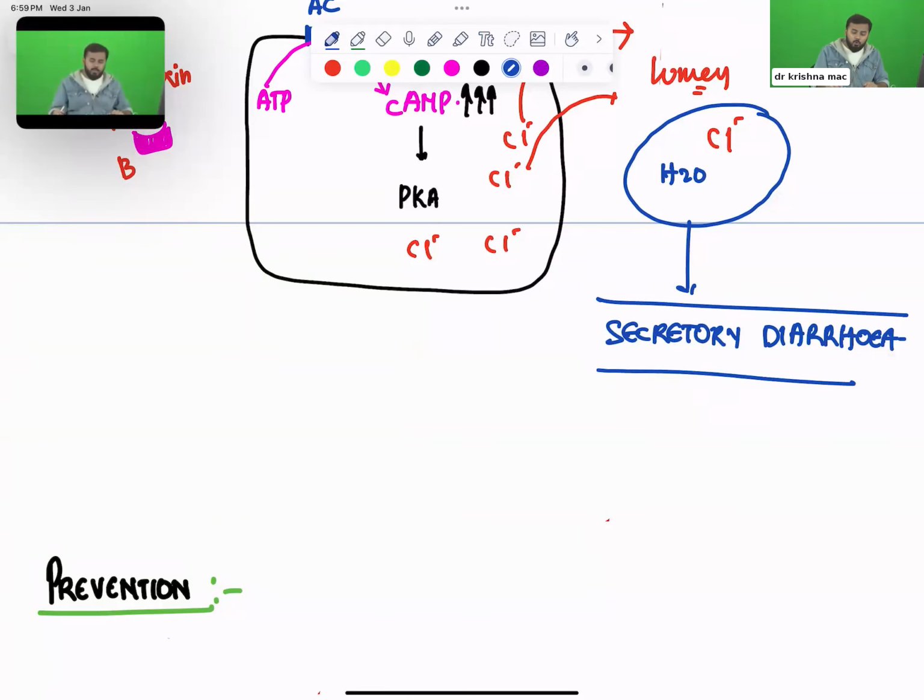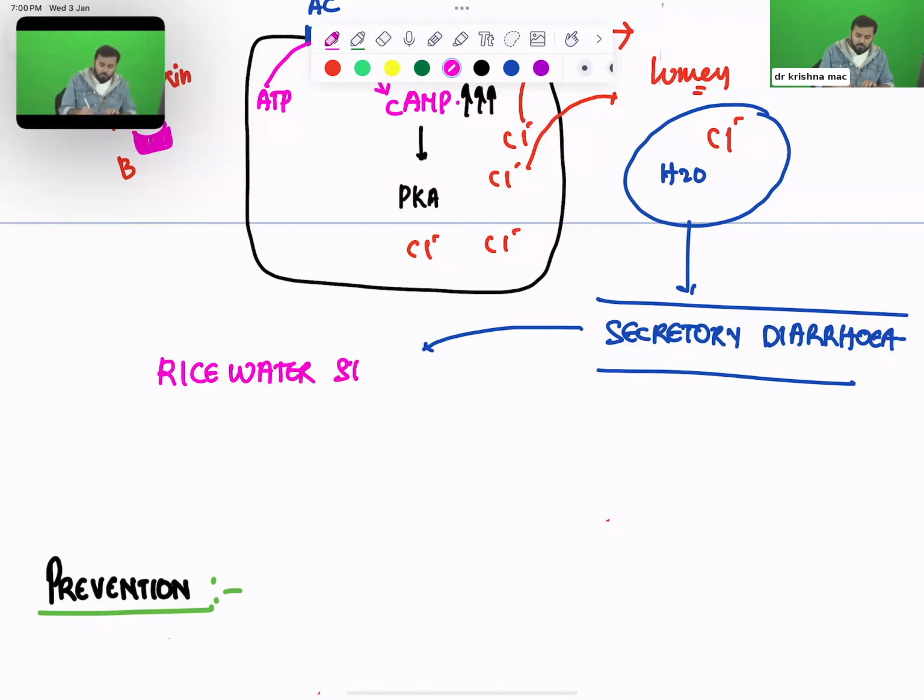Clear? Now, if you look at these stools, literally, guys, when you eat rice, before eating the rice, you wash the rice. When you wash the rice, you see the white colored water that comes out of the rice. Yes or no? So exactly the stools also look the same. That is why you call those stools rice water stools.